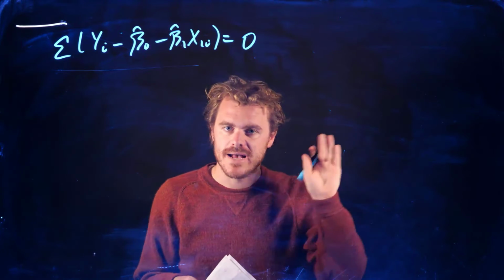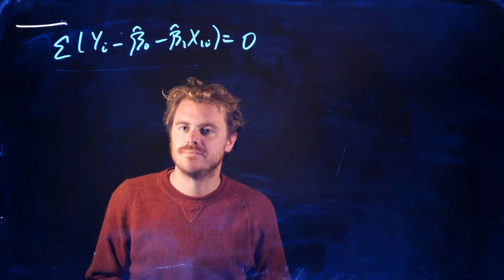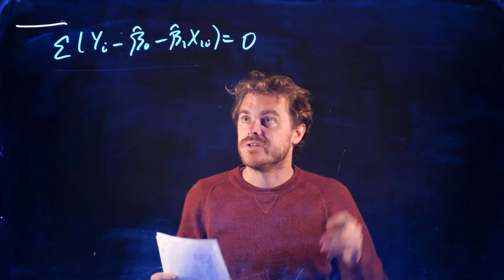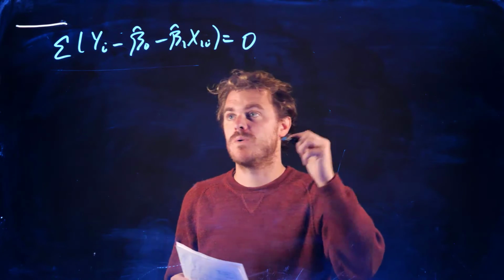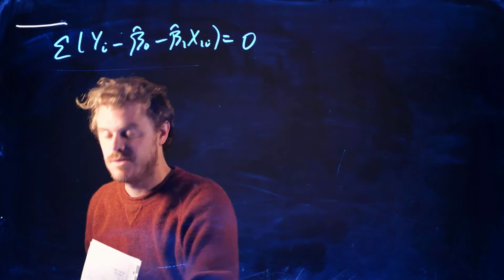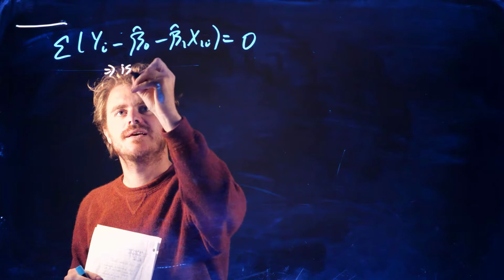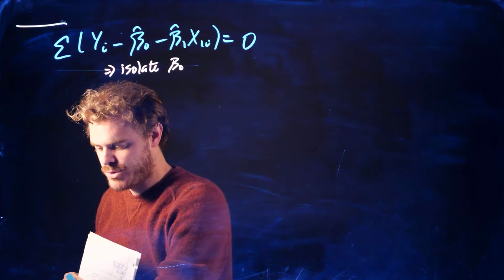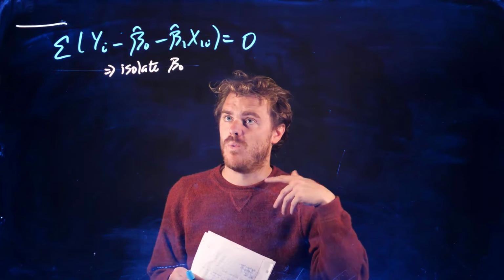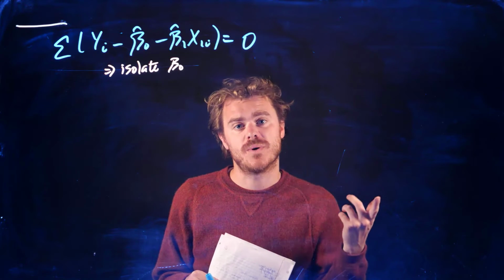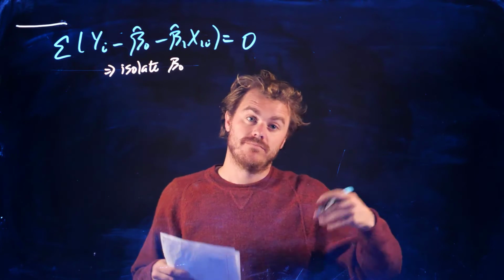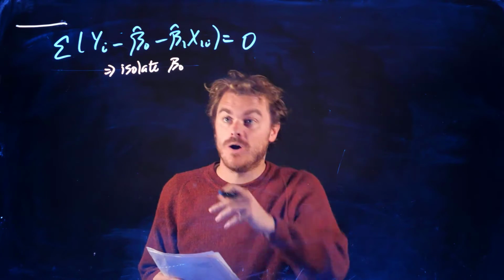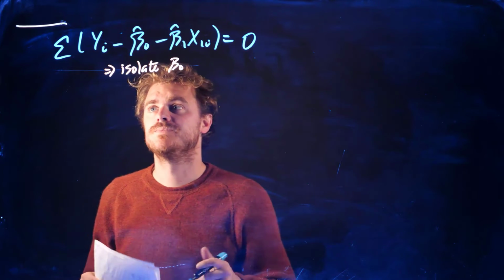Because we're minimizing something, so we're at the bottom of the function. So what we're going to try to do here is isolate beta 0, so we get beta 0 in terms of y and in terms of x1, and beta 1, I guess. That's what we're trying to do here.